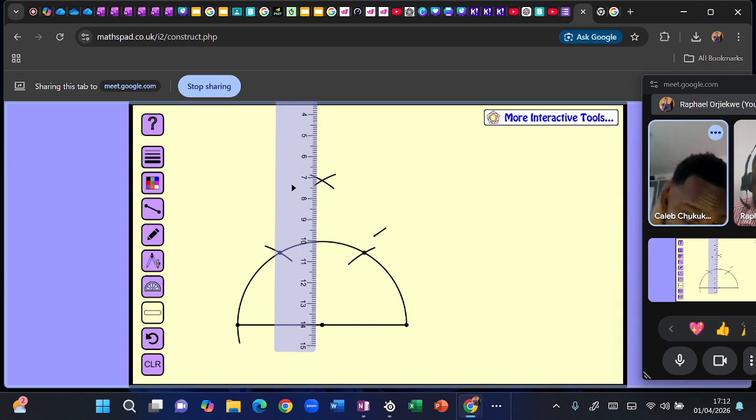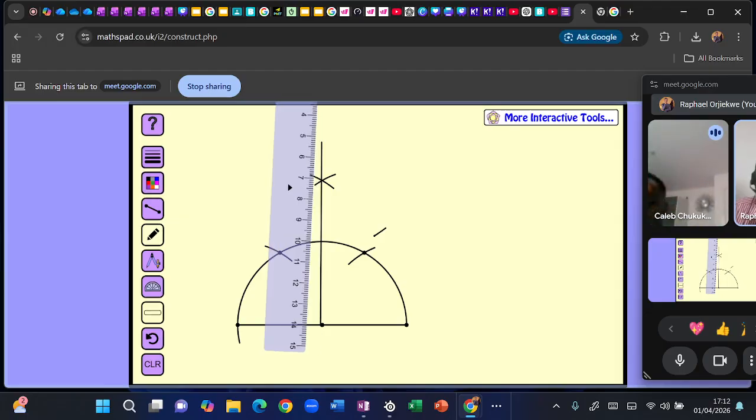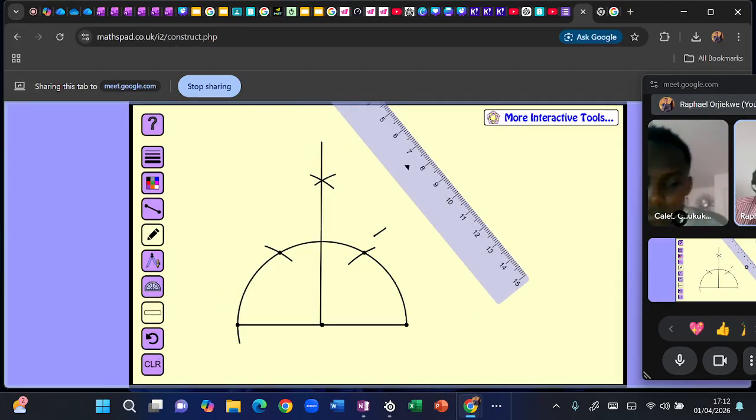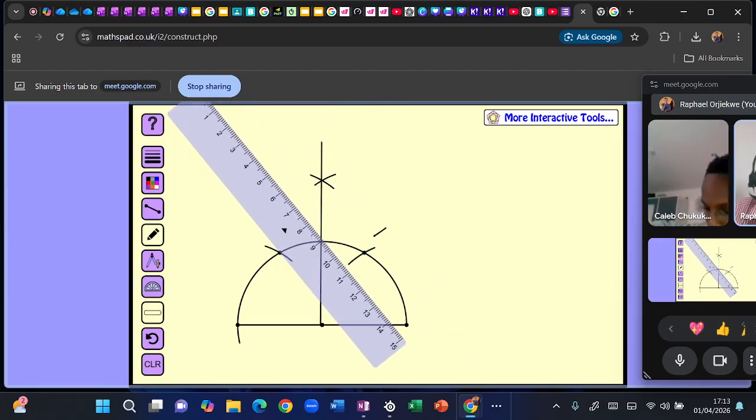Okay, let's see how we can make that work. Now we connect that line. Okay, we've gotten that. The next one is we're gonna make it at 120. Let's connect the 120 together.